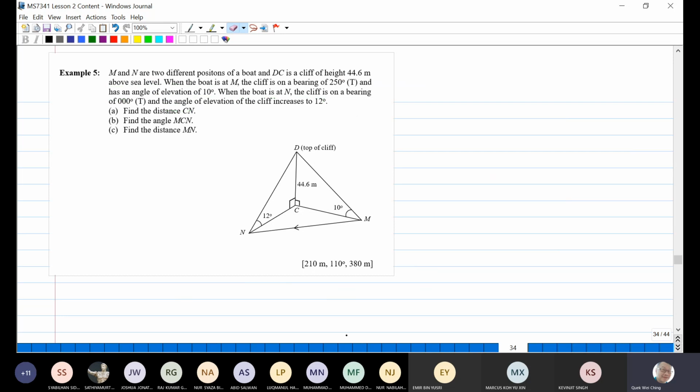This one is a bit confusing because they try to draw you the physical diagram. So M and N are two different positions of a boat. You can see M here, there's one boat there, and there's another boat here.